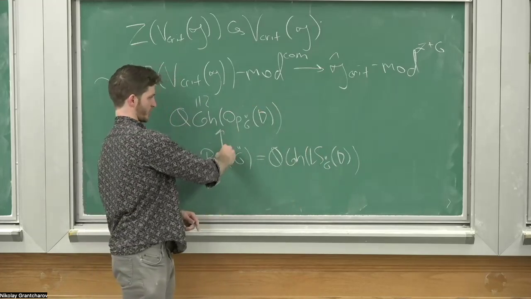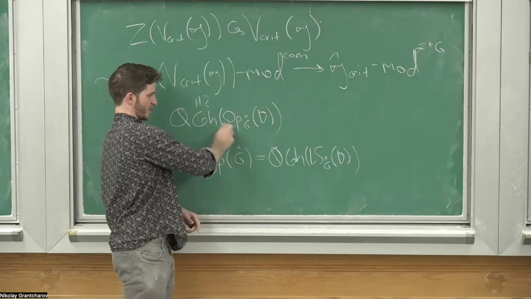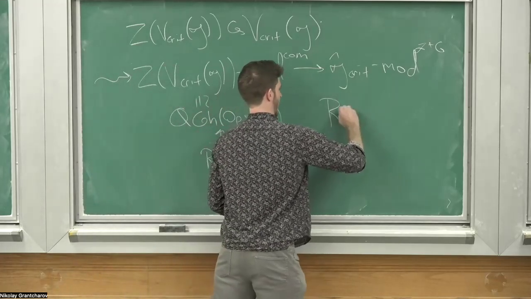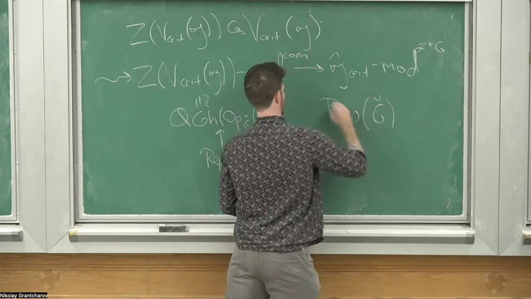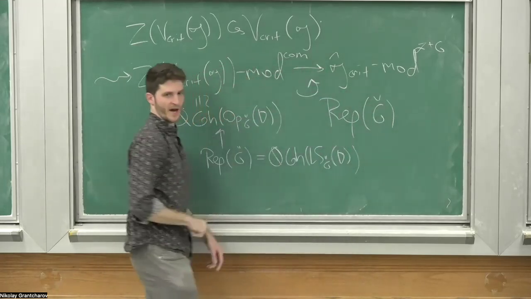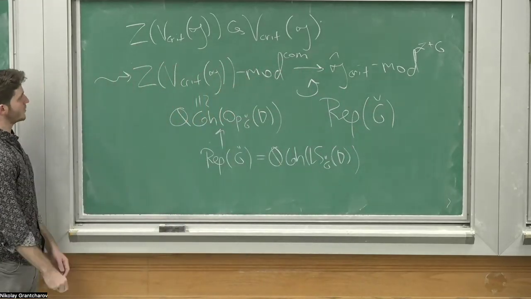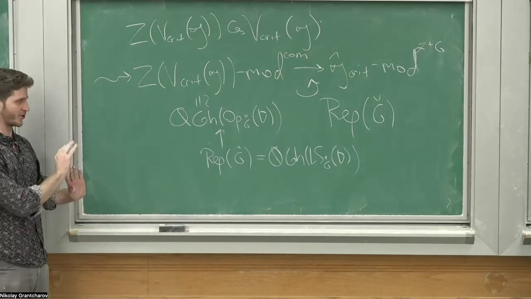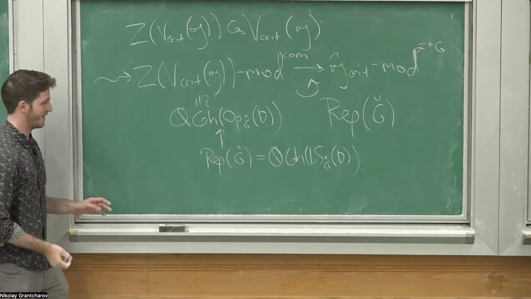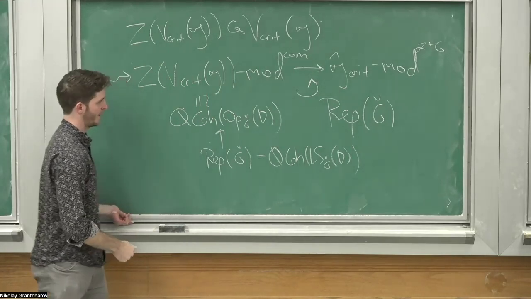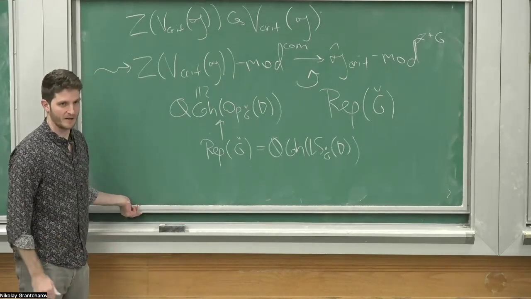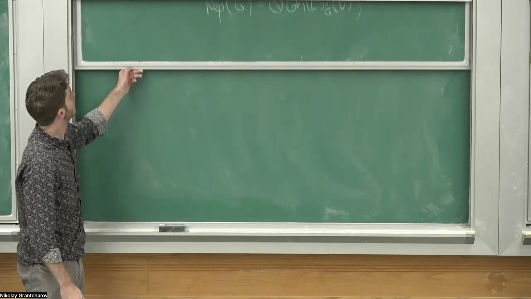So Rep G check actually maps symmetric monoidally here, and in particular it acts. And so this compatibility that I was speaking of is equivariance of this functor for the action of Satake. You could write it definitely much more explicitly than I did. This is just the only way I could reconstruct it, but there's a kind of explicit eigenproperty for the action of Satake that you can write this way.